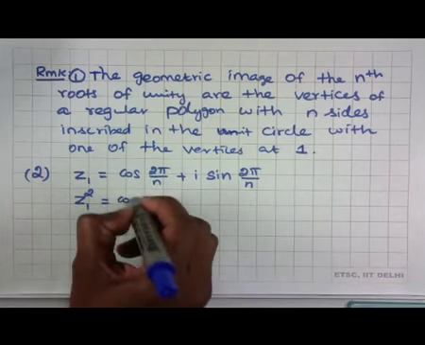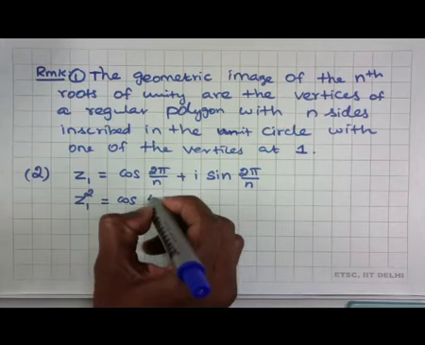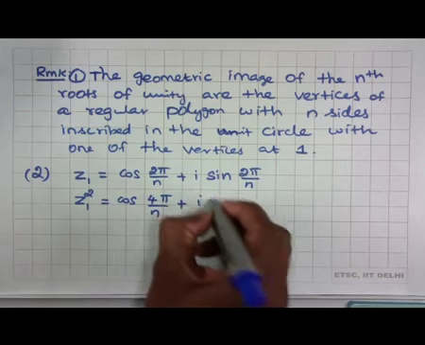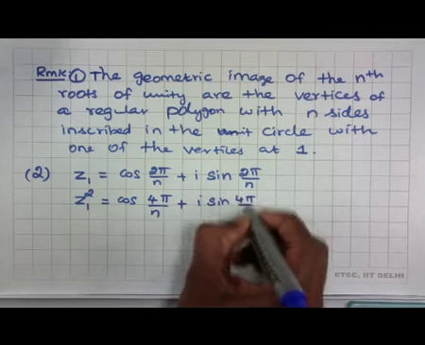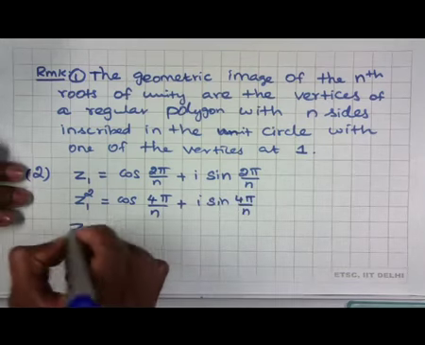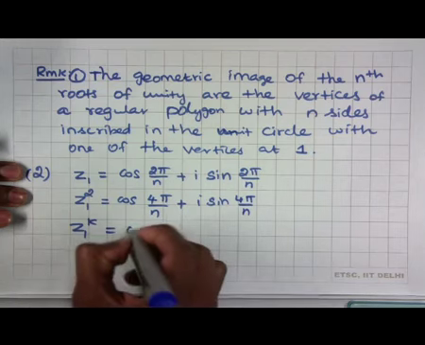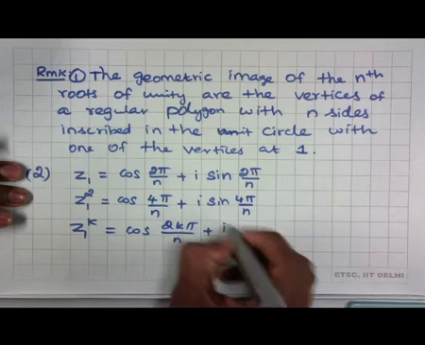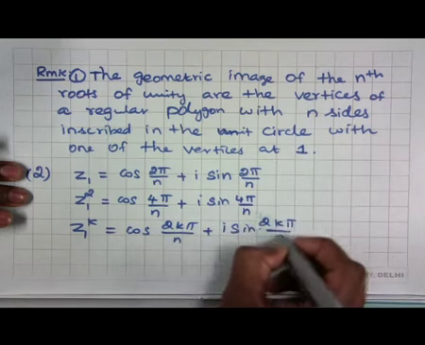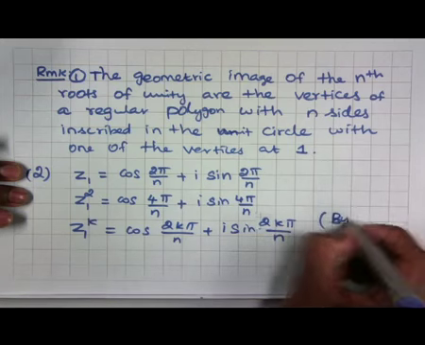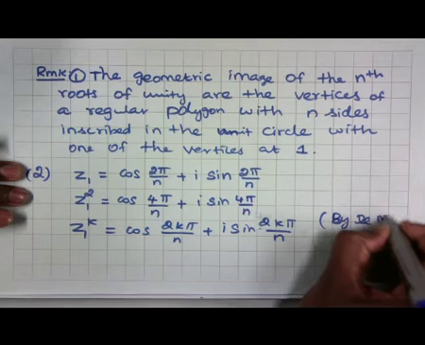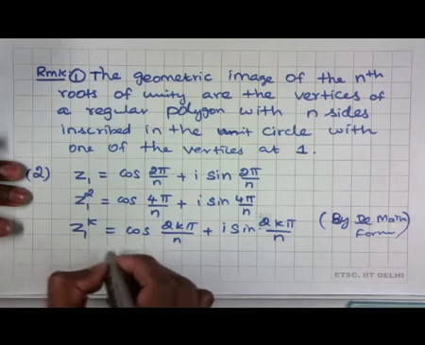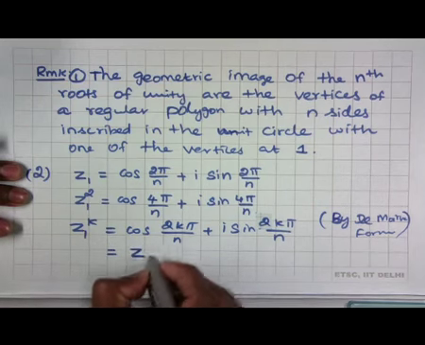So, we get cos 4 pi by n plus I sine 4 pi by n, or in general if I take the kth power, then we get cos 2k pi by n plus I sine 2k pi by n just by the De Moivre's formula. We get this. Just recall what is this? This is nothing but your Zk.